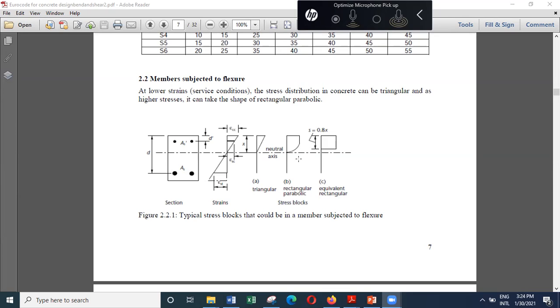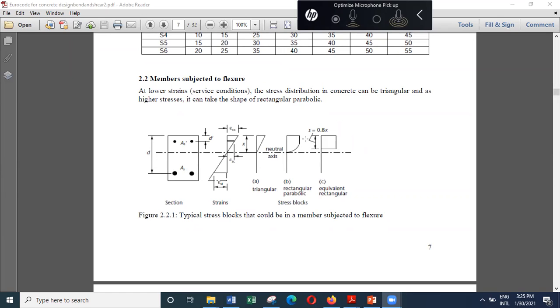When you are doing the design, it's very difficult to use a very accurate stress block like this. So we say that this stress block is equivalent to a stress block like this, which has a depth of 0.8x, where x is the depth to the neutral axis.